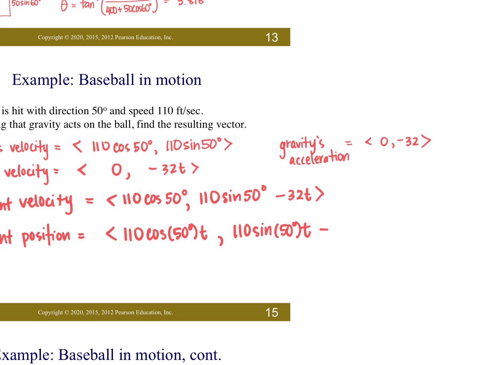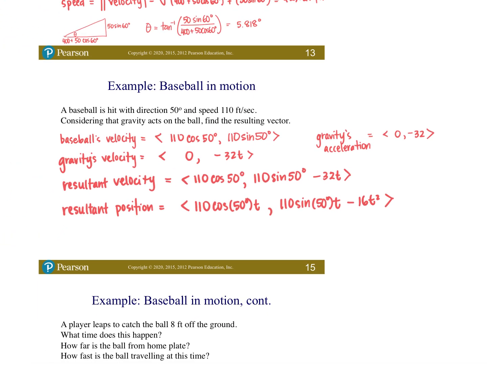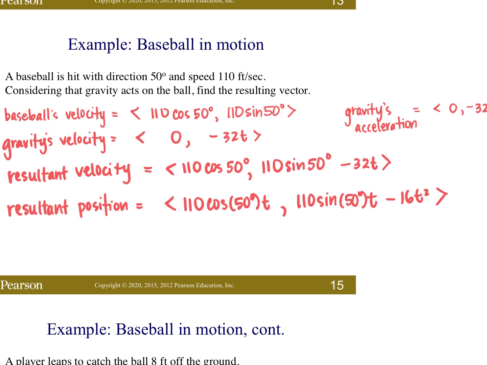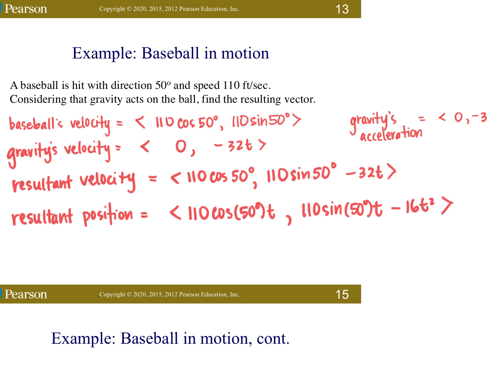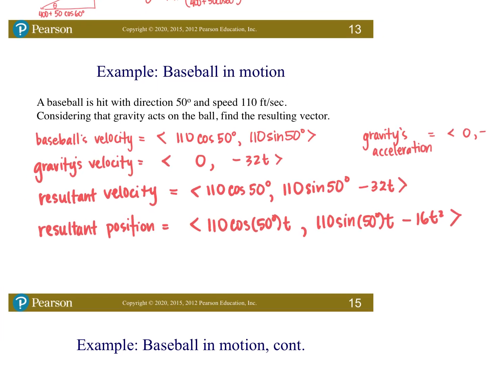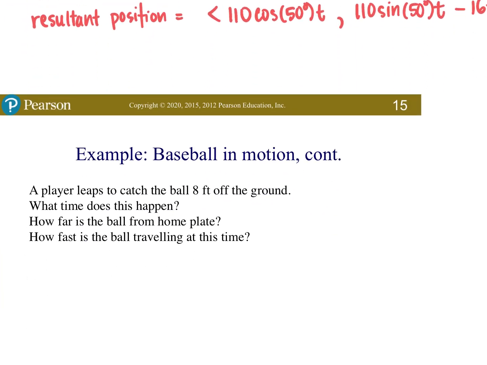And then the antiderivative of 32t is 16t squared. Now I know we've got plus c for all of those, but constants aren't going to affect the vectors. So yay, we don't have to remember plus c. All right, so we've got our resulting vectors. That was enough for that slide. Now we're going to move on.